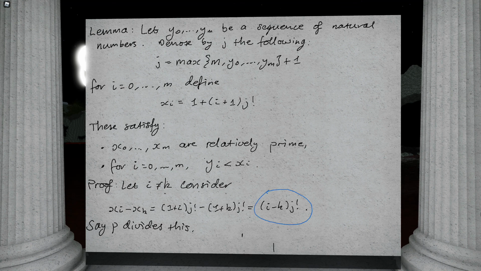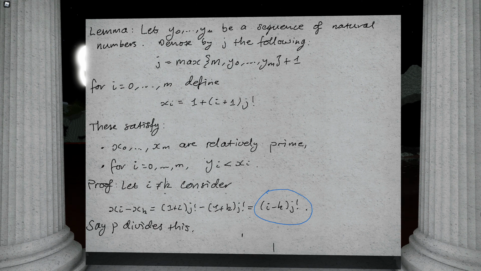Then p must divide either i minus k or j factorial. But i minus k is at most n, and we've chosen j to be greater than n.